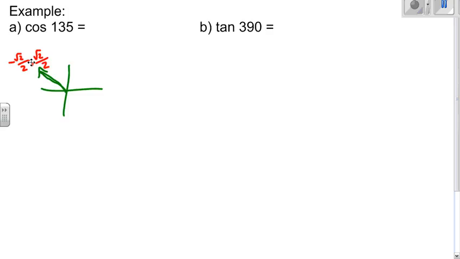Since it's cosine comma sine, cosine would be negative square root of 2 over 2. You can also use the all students take calculus, and since that's in quadrant 2, only sine is positive, which means cosine is negative.